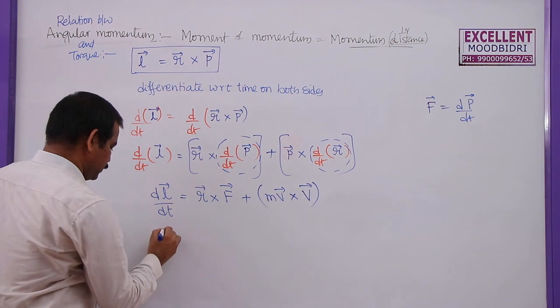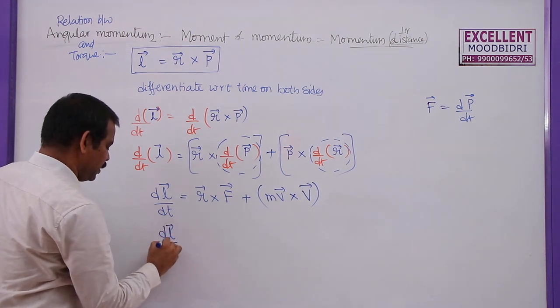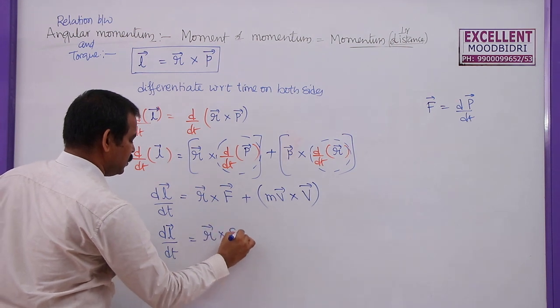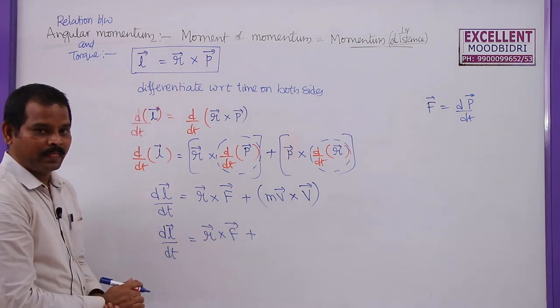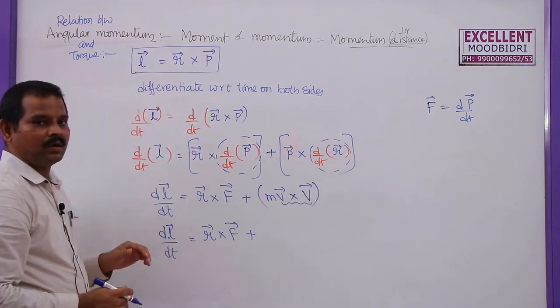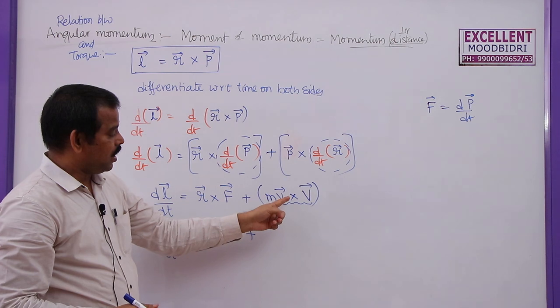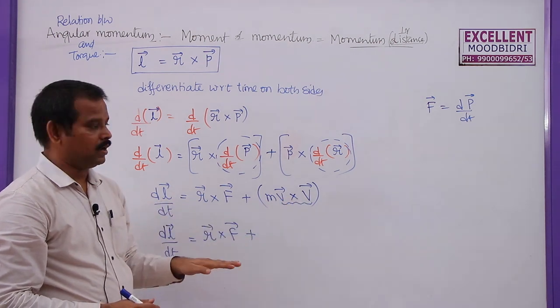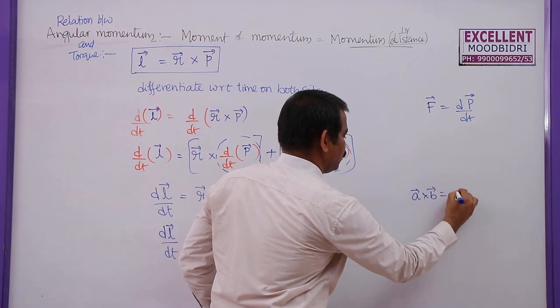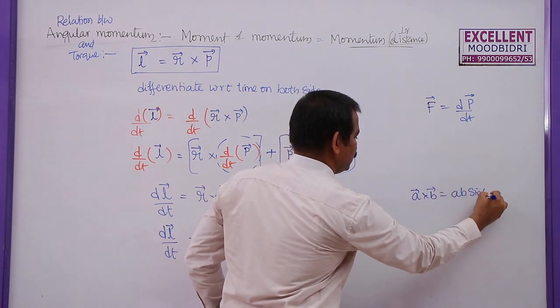You can see that dL bar by dt is given by R bar cross F bar plus V bar cross V bar, velocity vector cross multiplied by velocity vector. We know that A cross B is equal to AB sin theta.